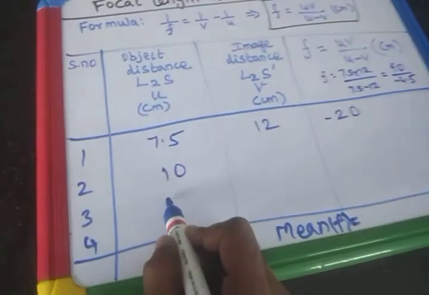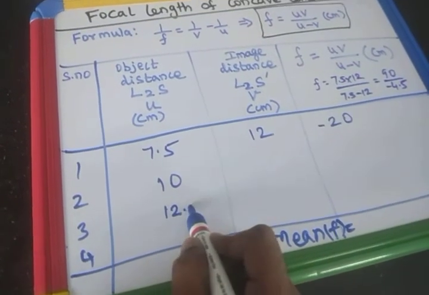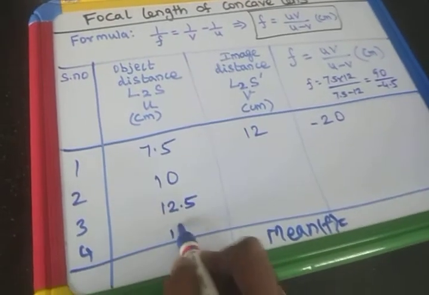At a certain position, at a distance of around 30 centimeter, I hope that in this position you are able to see the clear image. It is at 29.5, the clear image will be seen. So this is the final image distance V. The object distance in this position is 12.5.